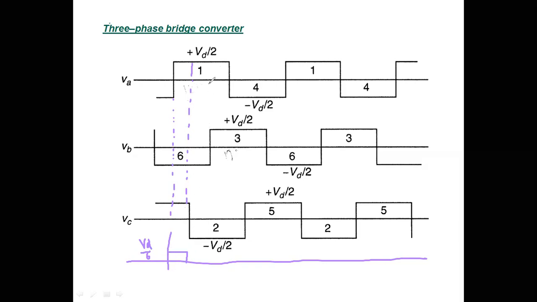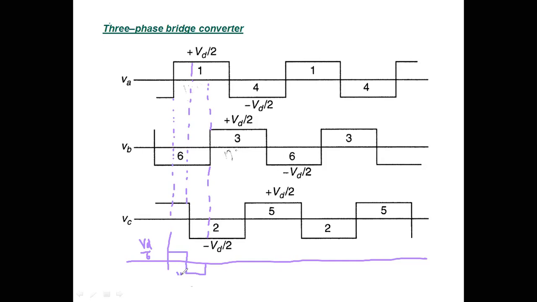But after this, if you consider this portion, Va is positive, Vb is minus Vd by 2, Vc is minus Vd by 2. So you will get minus Vd by 2, divided by 3, so that you get minus Vd by 6.